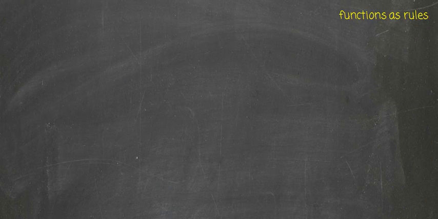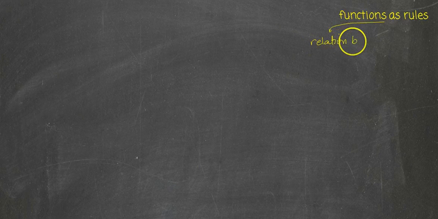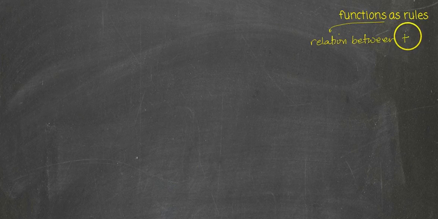So we're going to talk about functions as rules, but before that we should probably review what it means to be a function. So a function is really just an equation. Actually, it's not even necessarily an equation. It's a relationship. We call it a relation between two sets of values.